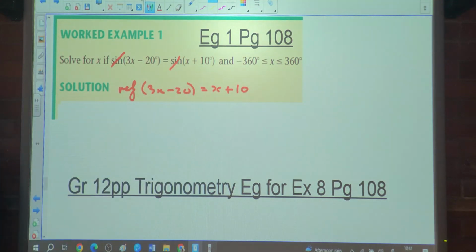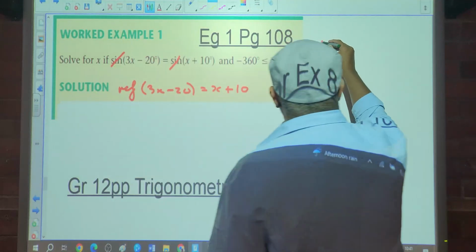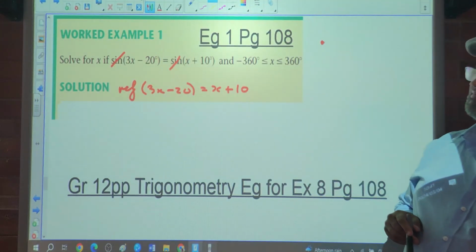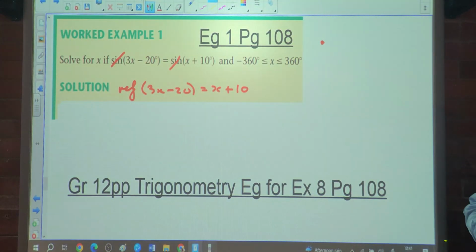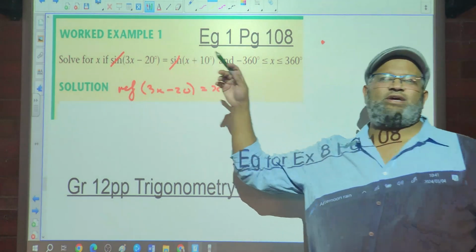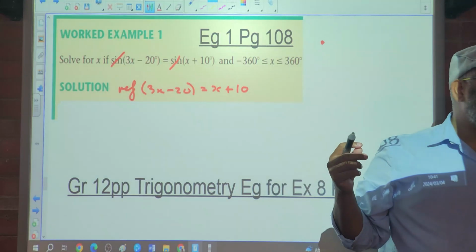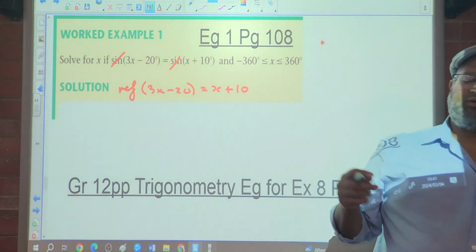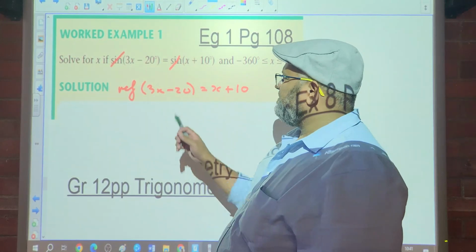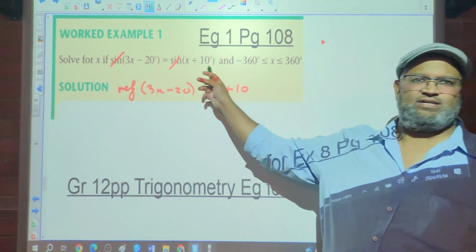So what's the first thing we need to do? We first need to get the ratios the same. So make a note there. First get your ratios the same. Once the ratios are the same, secondly we can drop the ratios. People, do we solve for x here?